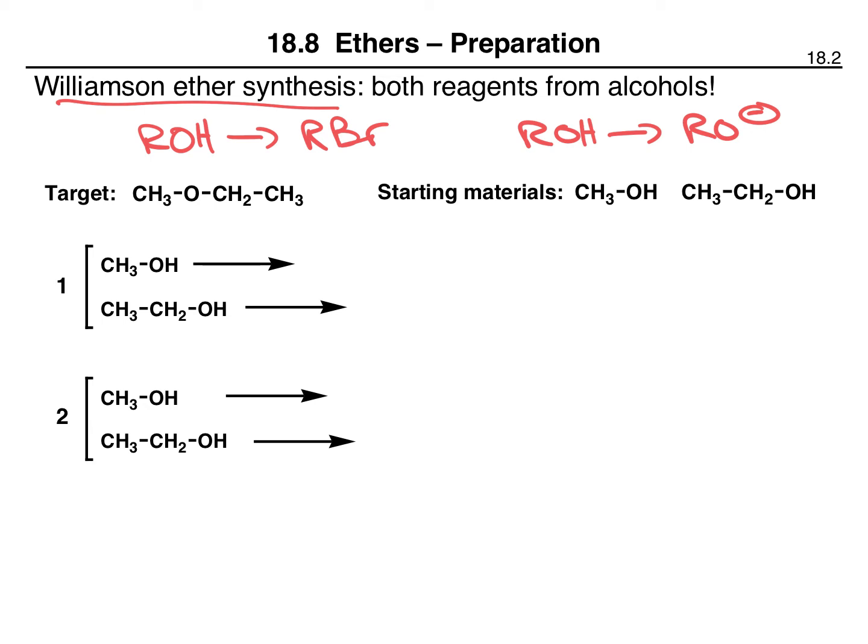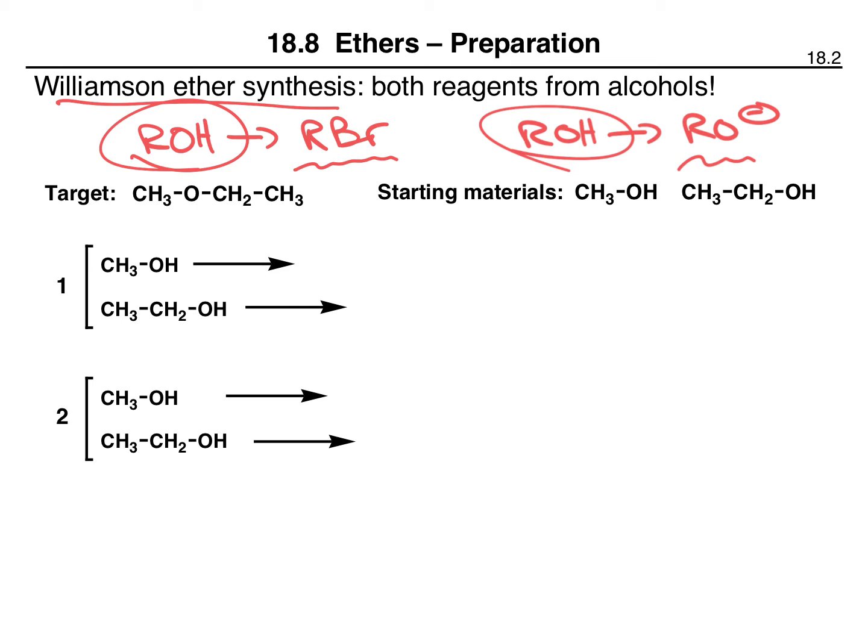So we just saw a problem in terms of competition between substitution and elimination. But knowing that the structure of the alkoxide doesn't really matter, only the structure of the alkyl bromide matters, and knowing that both reagents come from alcohols, then you can decide which alcohol is going to be converted to the alkyl bromide and which one is converted to the alkoxide.